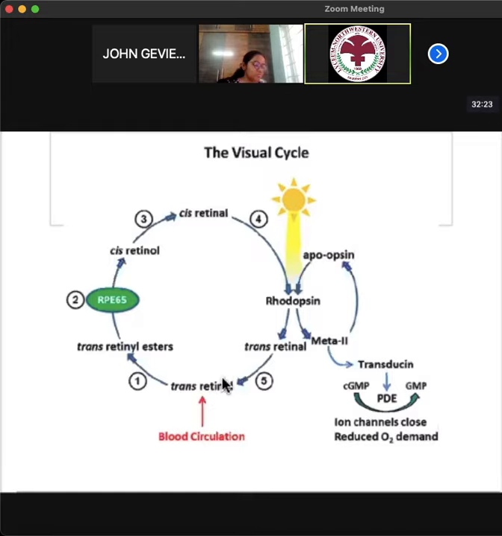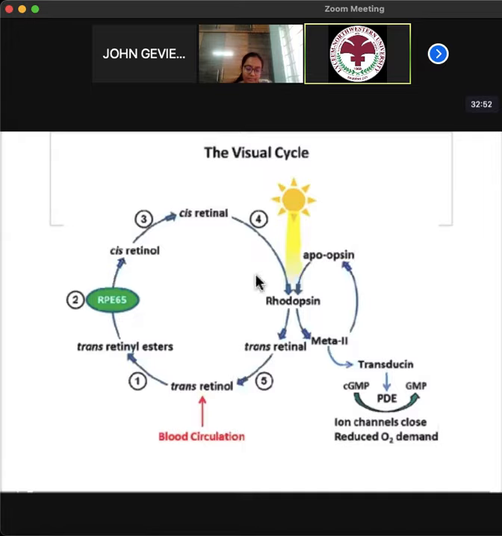Upon entry of the vitamin A into the RPE, the all-trans retinol is converted to retinyl esters through the activity of lecithin retinol acyl transferase. This all-trans retinyl ester pool represents the storage form of your vitamin A, upon which your RPE65 would act to generate the 11-cis retinol.